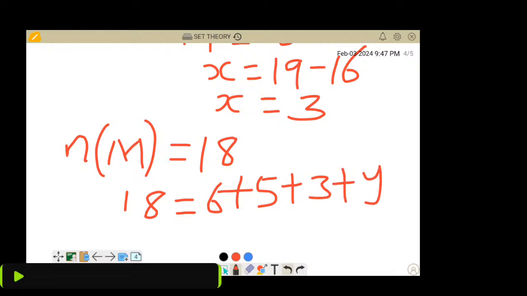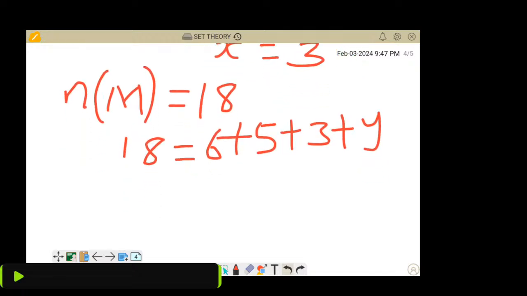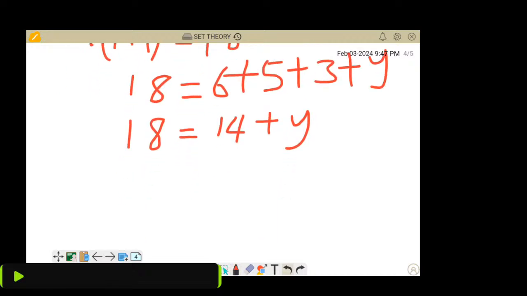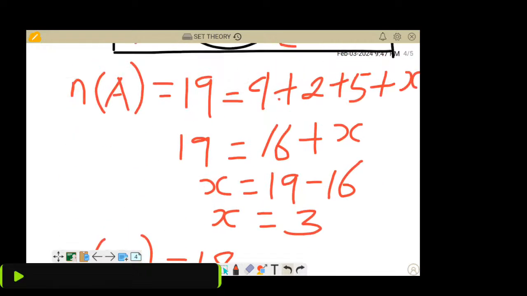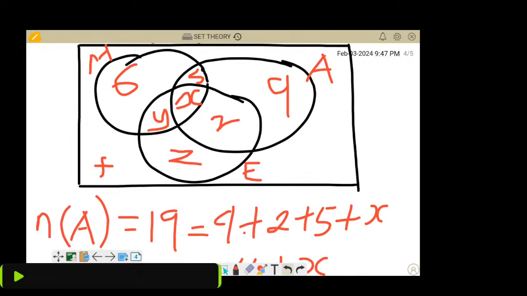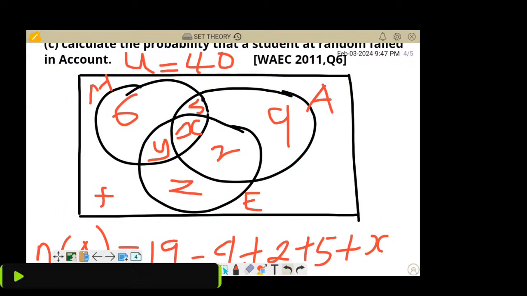From there we can just say 18 will be equal to 14 plus Y. Therefore Y will be equal to 18 minus 14. Y will be equal to 4. And according to our Venn diagram, Y represents the region of those that passed mathematics and economics.